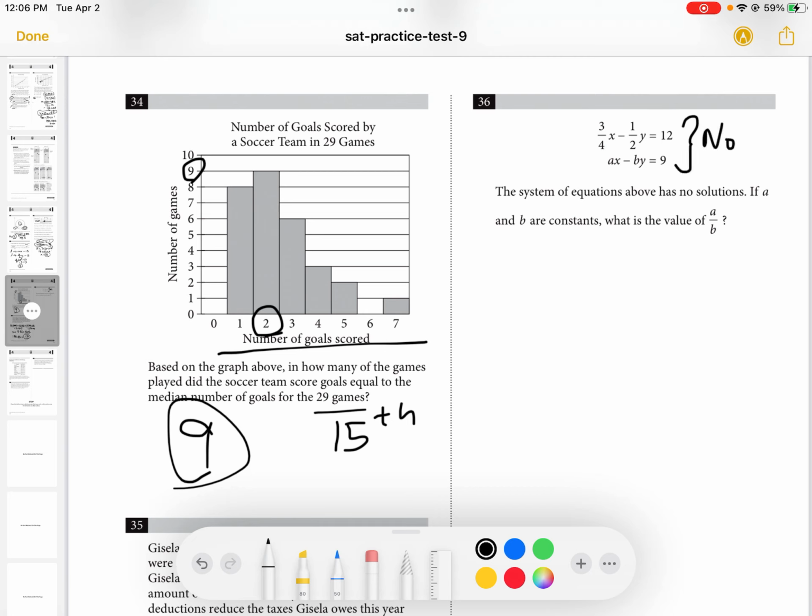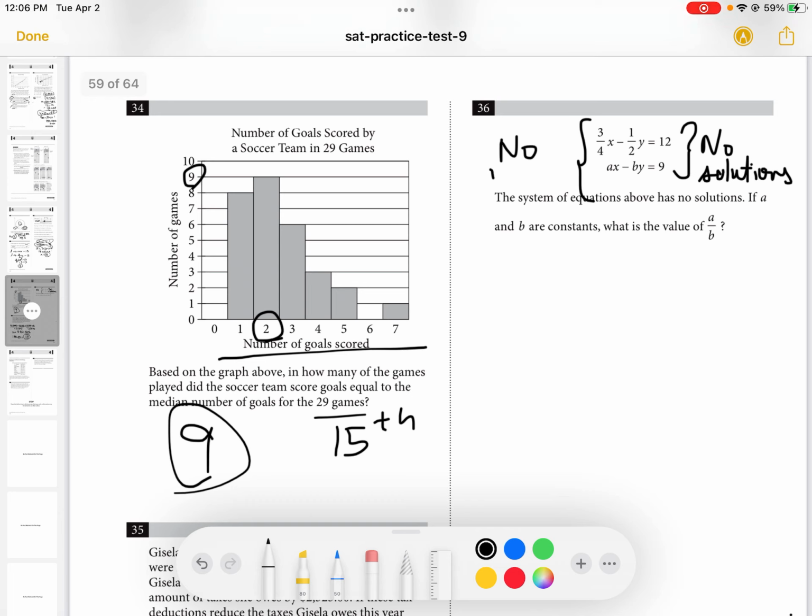Because this system of equations has no solutions, when those two lines are graphed, they should not intersect. And if those lines don't intersect, the lines are parallel. So we know that 3/4 x minus 1/2 y and ax minus by equals 9 are parallel.